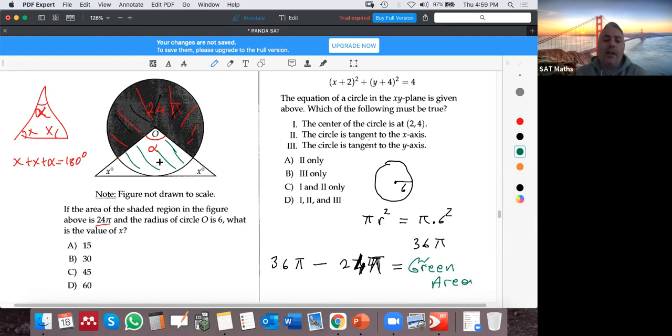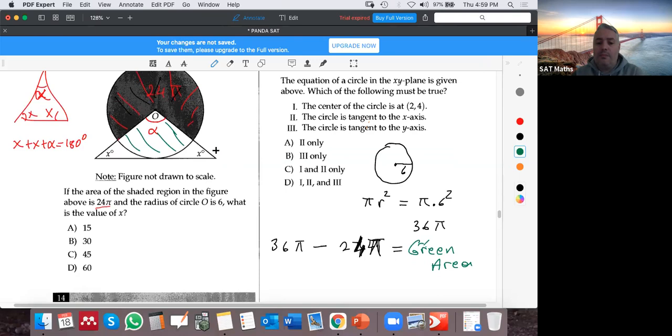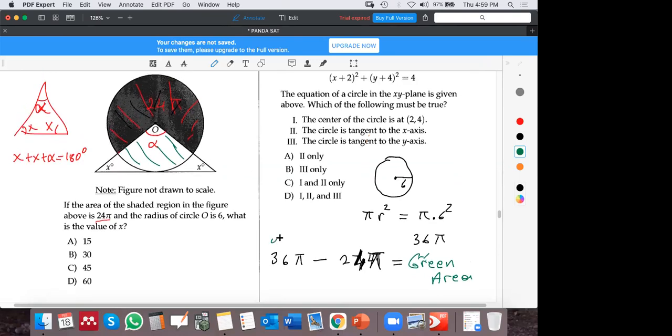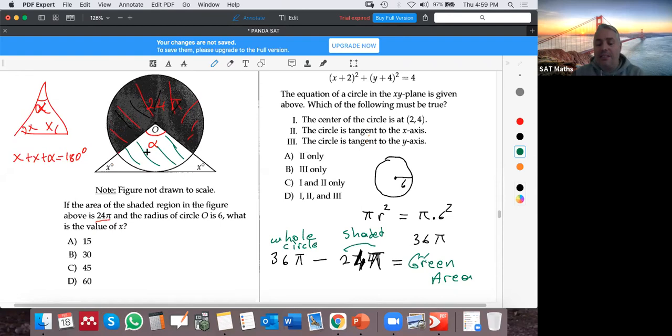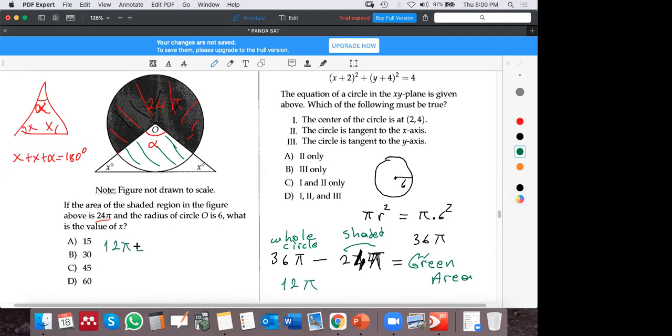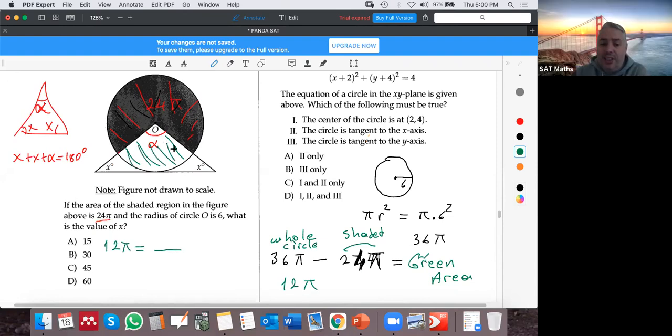Is this correct or not? Yes, sir. The whole circle minus the shaded part gives us this part. 36 minus 24, what will it be? 12. So 12 pi equals the sector. How can I calculate just this one?